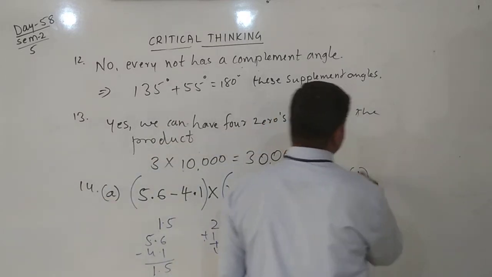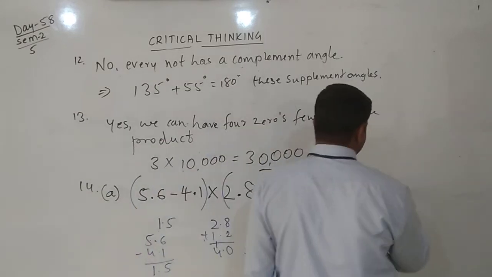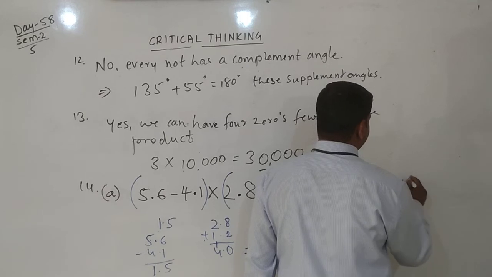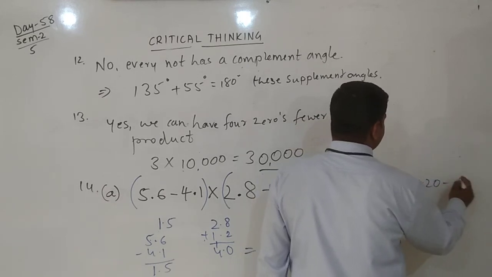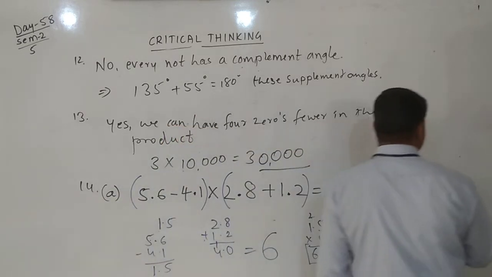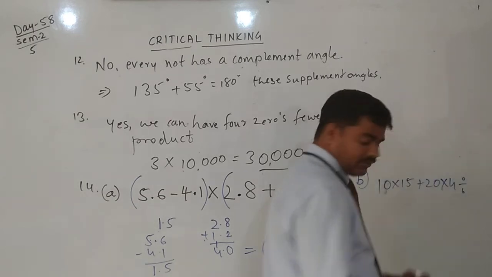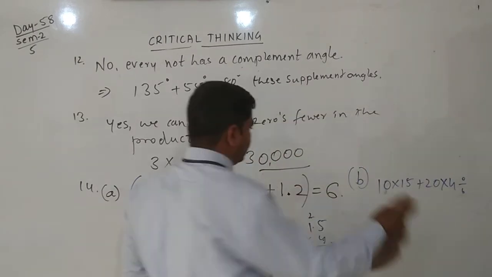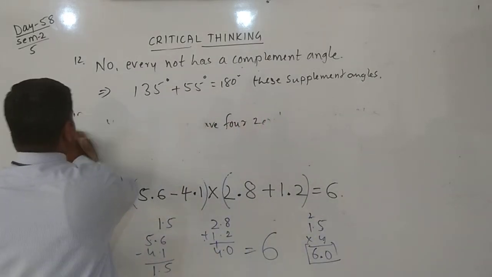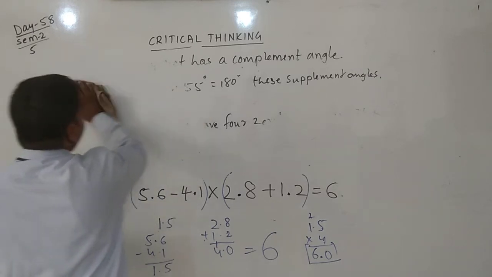B. You can insert a bracket: 10 into 15 plus 20 minus into 4 divided by 2 is equal to 700.